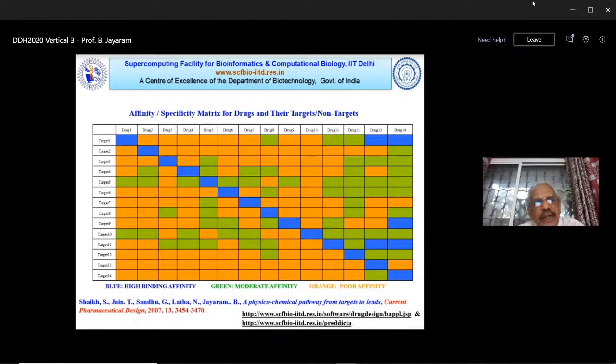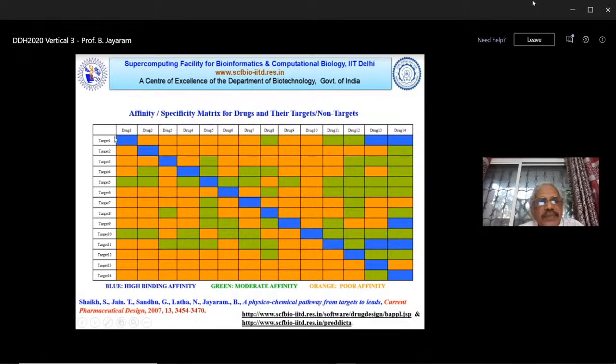To ensure that I don't have off-target binding, that is non-targets, what I need to see is that drug 1 binds to target 1 with good binding energy, but to others with a much lesser binding energy, so that it doesn't bind, or it binds very loosely and goes away through some equilibrium back to target 1, etc.